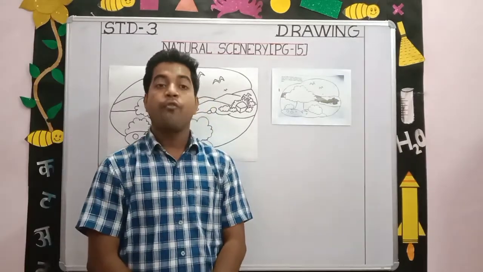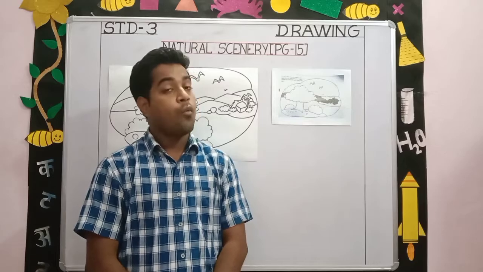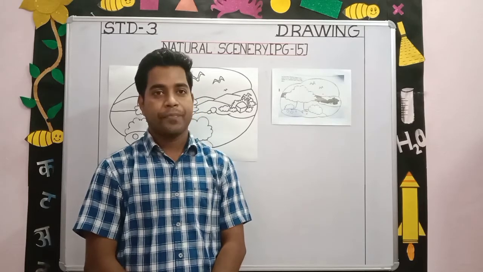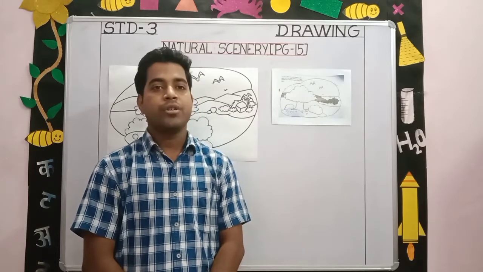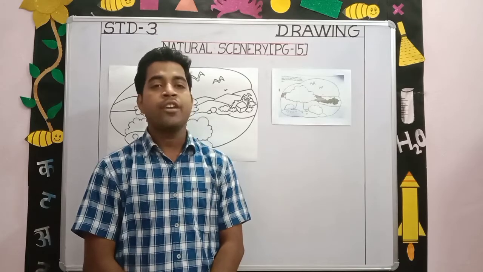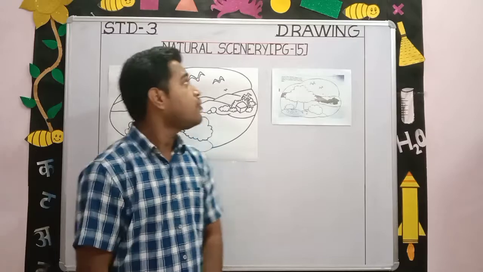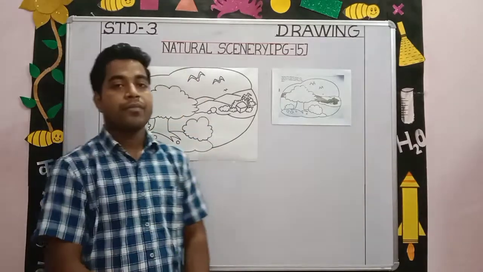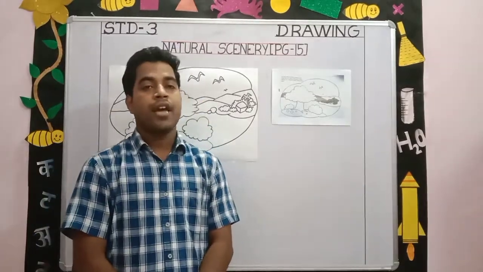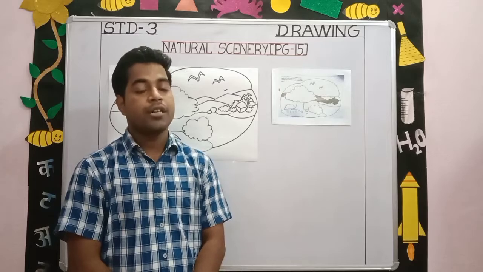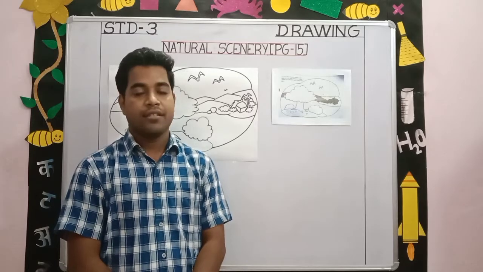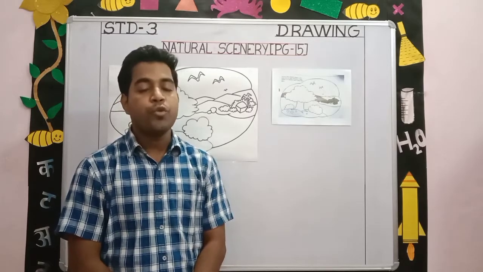Students, we need to understand first what is natural scenery. The word natural tells us that something which is made by God, and another word is scenery. The word scenery has come from the word scene, that means view.